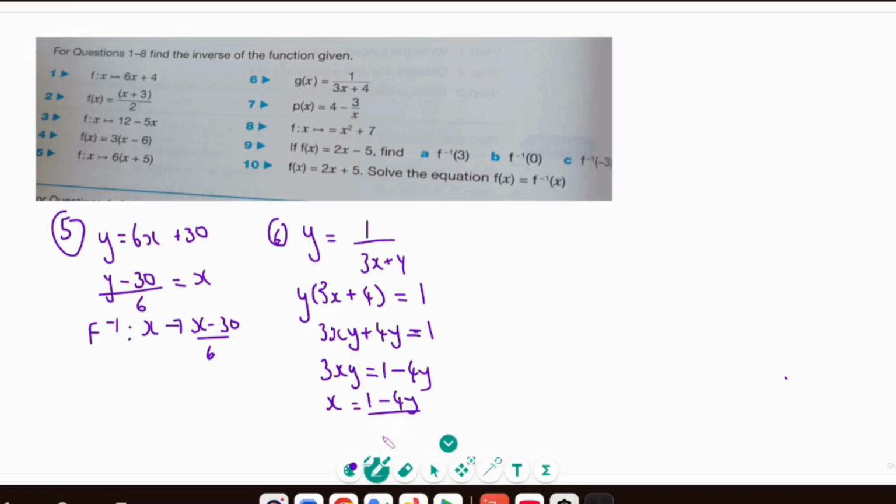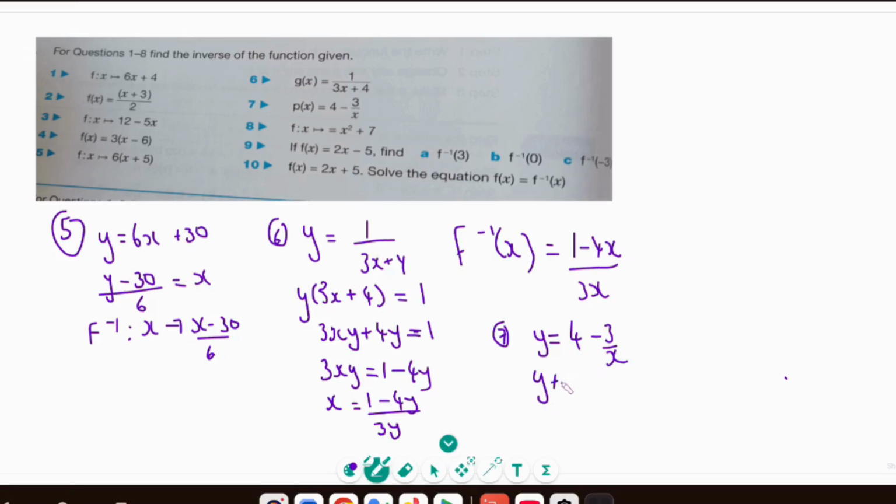Divide both sides by 3y. I'm going to add 3 over x to both sides first. You might do that a slightly different way from me. And then I'm going to subtract y off both sides. Take it to the top here, times both sides by x.